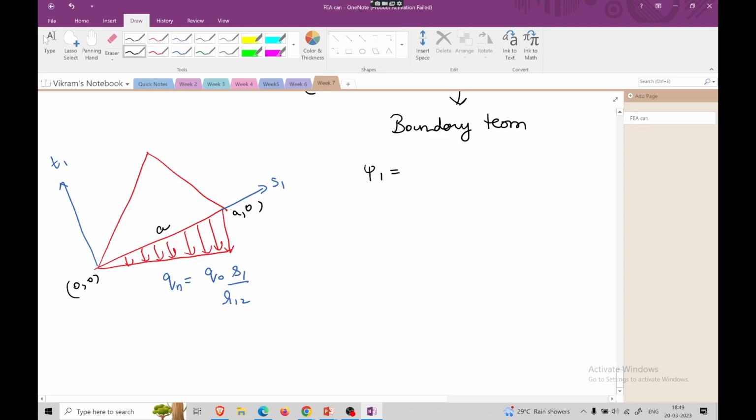The whole thing I have to integrate from 0 to a, because along this line my s1 varies from 0 to a. So q0 and h12 I can take outside. What will be inside is s1 into 1 minus s1 by a. I'll expand it, so it will be s1 minus s1 square by a, ds.